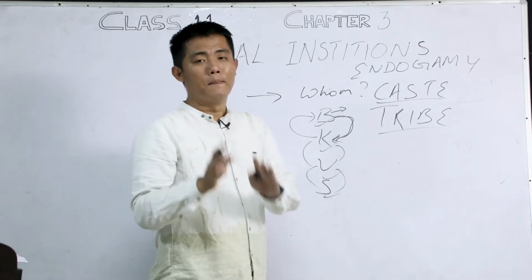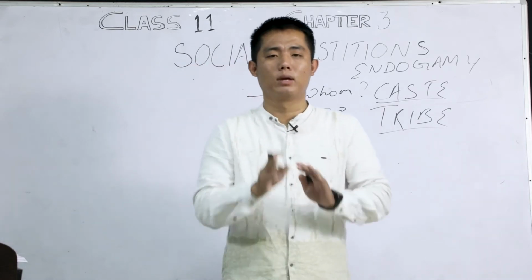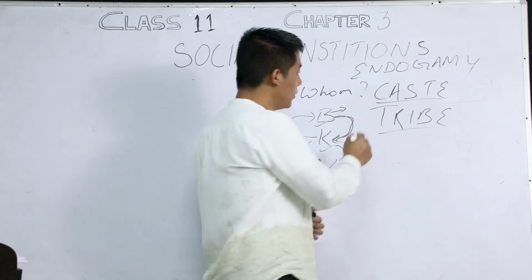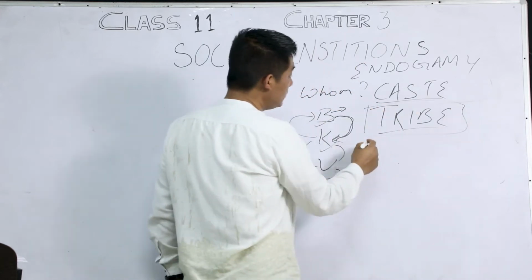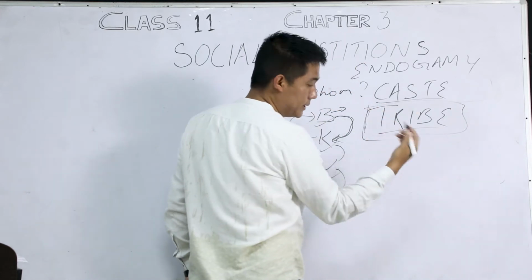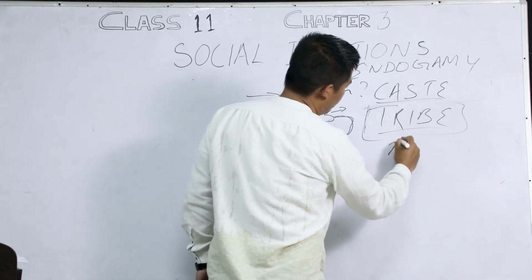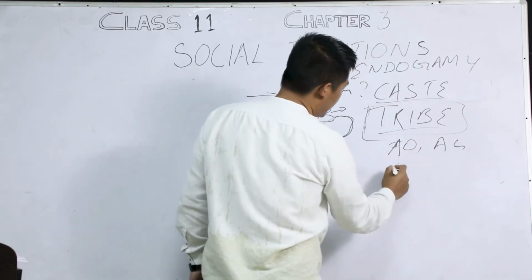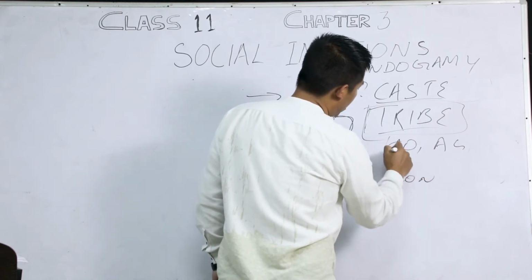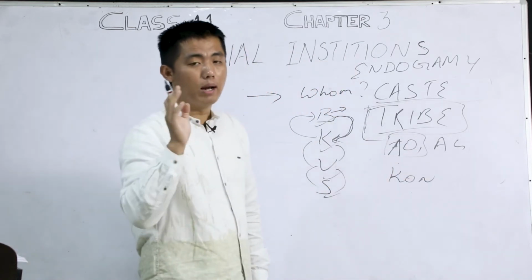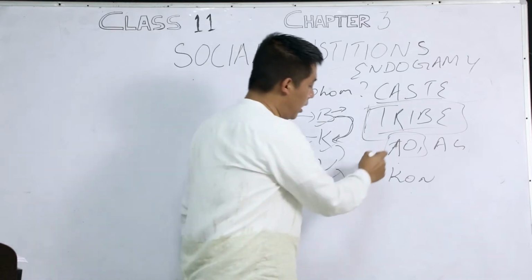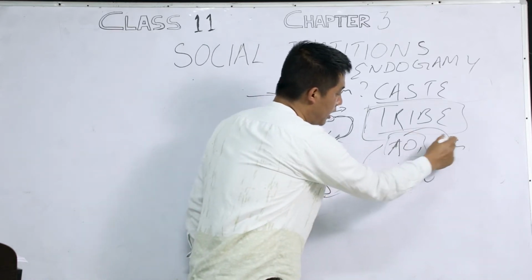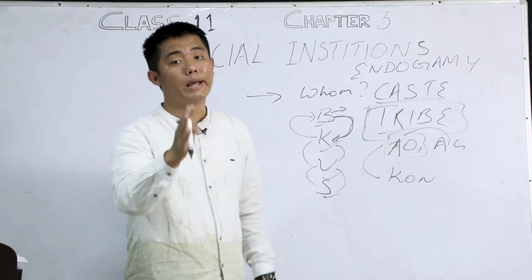Or, if we have tribe endogamy, I can only marry a person from my own tribe. For example, if I am an Ao, or an Angami, or a Konyak, an Ao can only marry an Ao. An Ao cannot marry an Angami or a Konyak, because we have tribe endogamy.